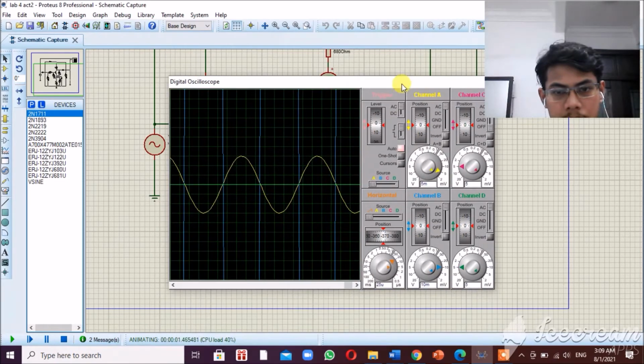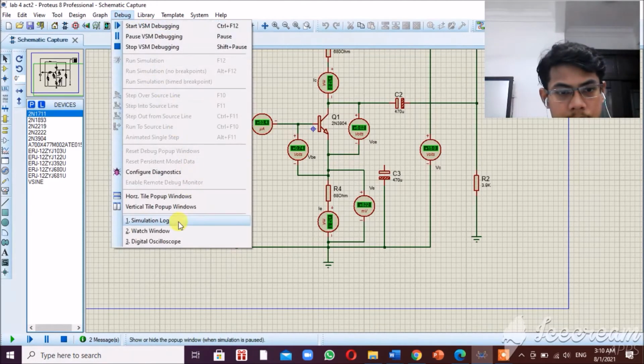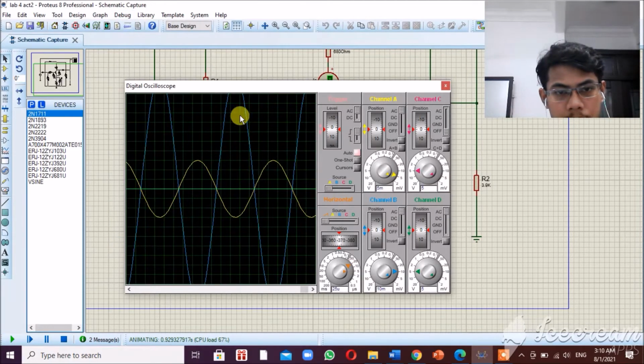So we can see that 10 millivolt with capacitor is very high, but without capacitor, the 10 millivolt is not very high like the previous one. Okay, so that's all for me. Thank you.